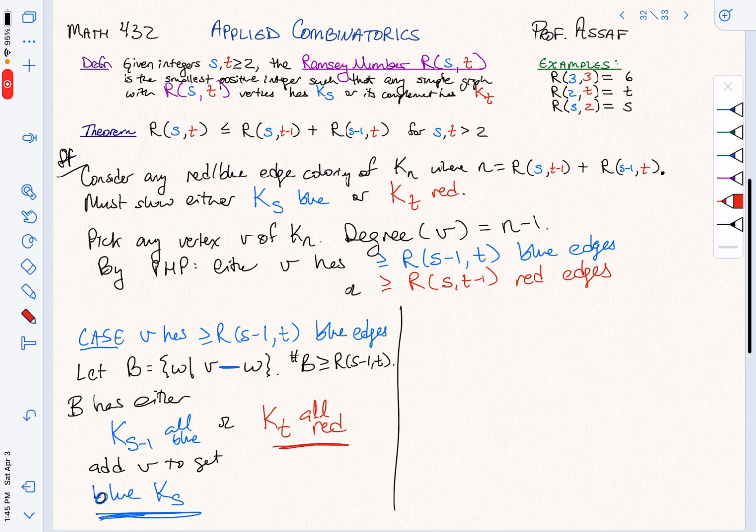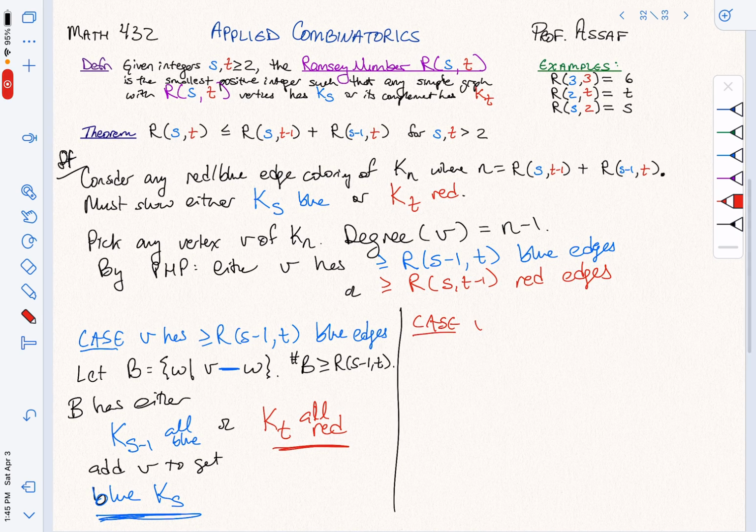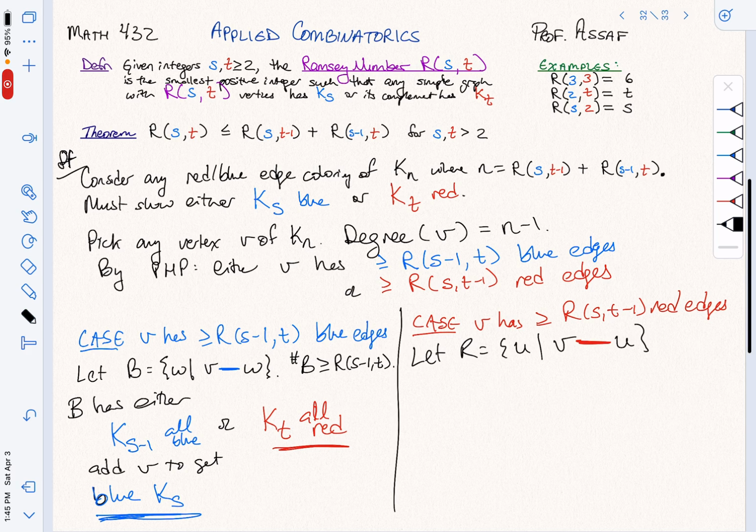Now we need to deal with the other case. The other case is that v has at least R(s,t-1) red edges. And you can see how this is going to go exactly the same. We're going to let R equal the set of u such that from v to u, we have a red edge. How many things in R do we have? Well, the size of R is at least R(s,t-1), because that's the assumption that we made on the red edges. So what does the definition of the Ramsey number tell us?